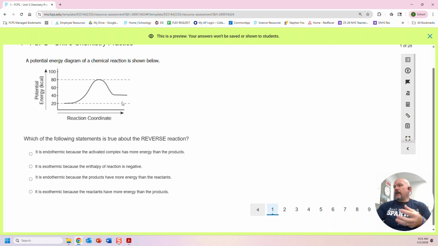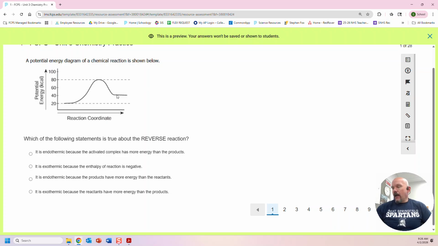Now, another thing you can calculate from these potential energy diagrams is what we call the activation energy of the reaction. That's the difference in energy from the starting point to the transition state. So for the forward reaction, this energy difference right here, if you follow the cursor, from 20 to 80, that energy is called the activation energy.